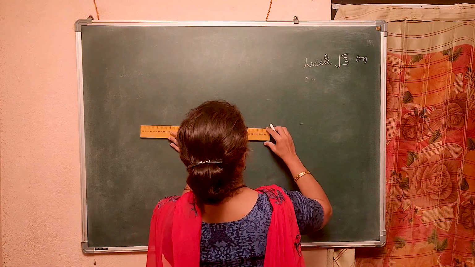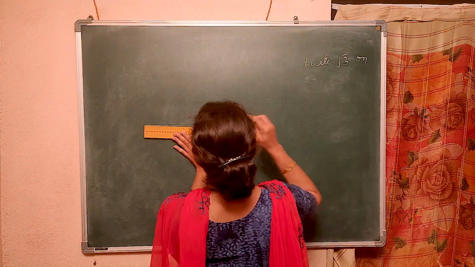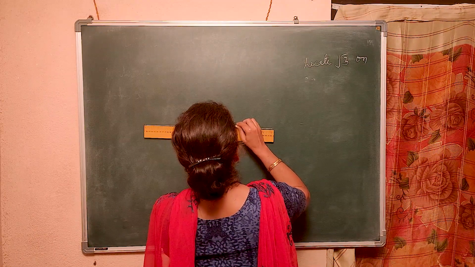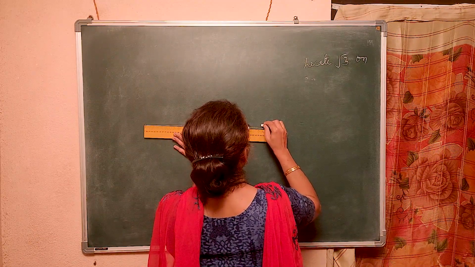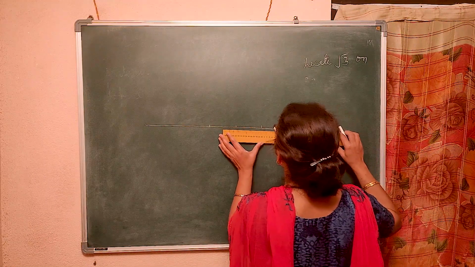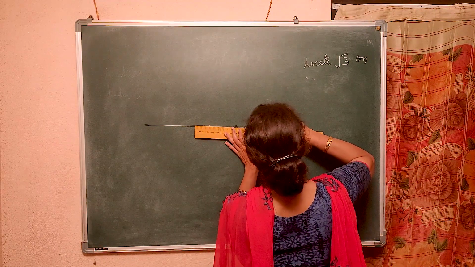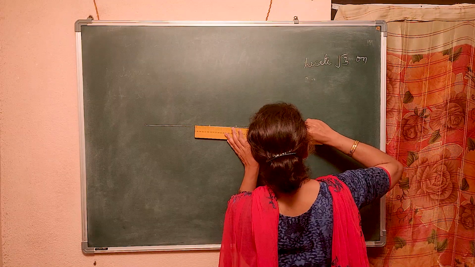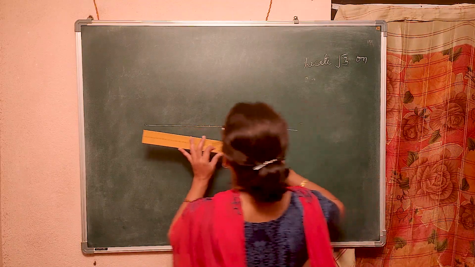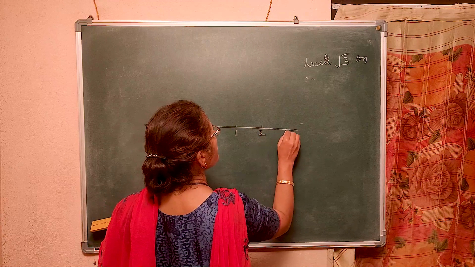See, I have to draw a line like this. From here, mark 0, then 1 unit, 2 unit, 3 units. Here also 0, 1 unit, 2 units, 3 units.